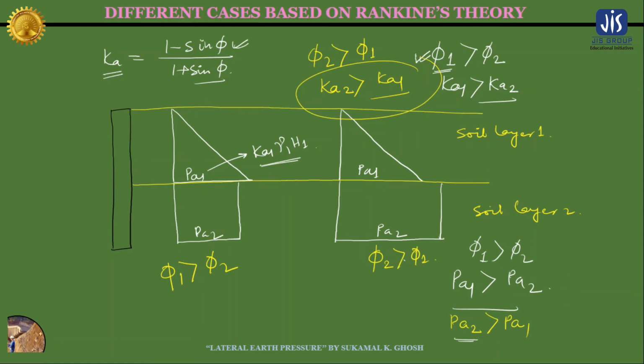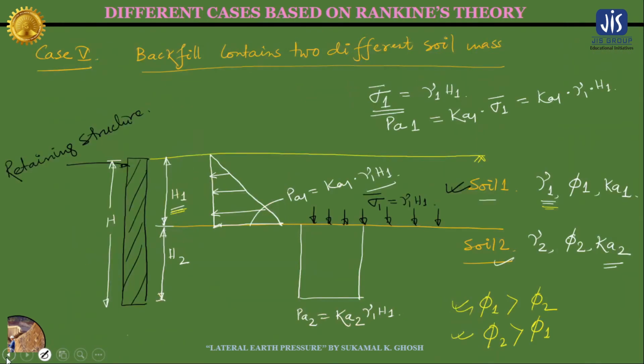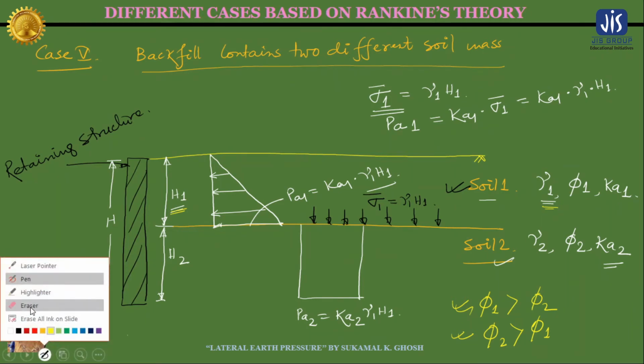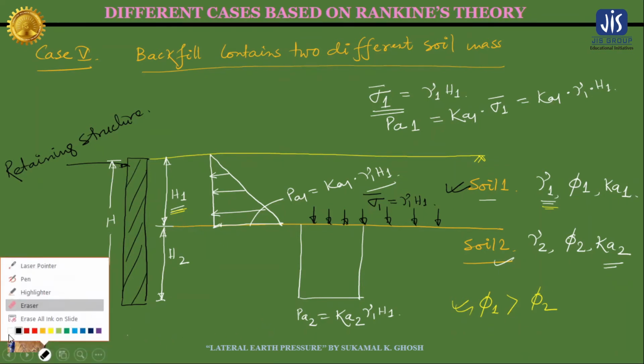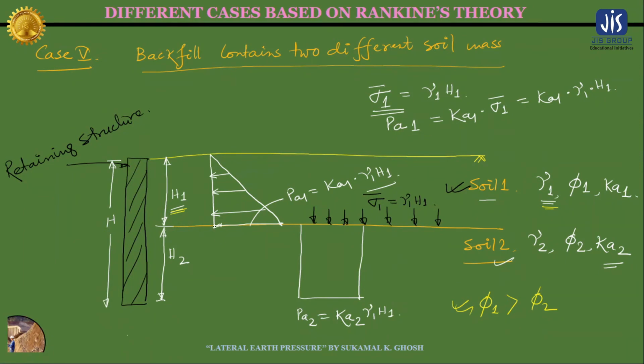Now depending upon the value of angle of internal friction, we need to draw the pressure distribution diagram. So in this case, let me consider that phi 1 is greater than phi 2. So in this case, this pressure distribution diagram will be like this.